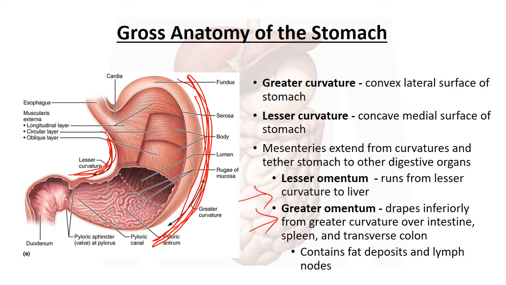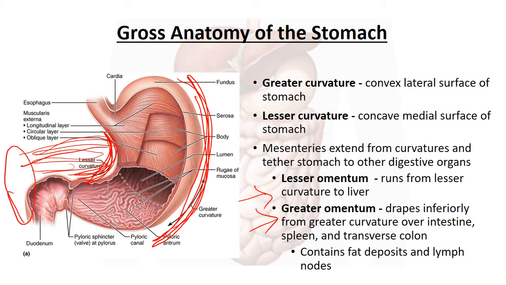Remember when we talked about the mesenteries before? It's that webbing kind of stuff that's holding the small intestine together. So we've got a lesser omentum, which is similar to that mesentery. It's going to have fat and lymph deposits in it as well, and it's going to go from this lesser curvature to the liver.